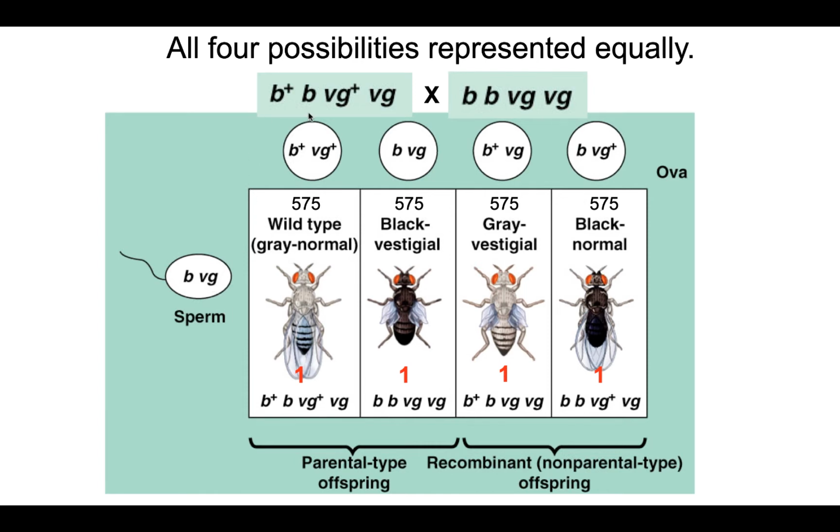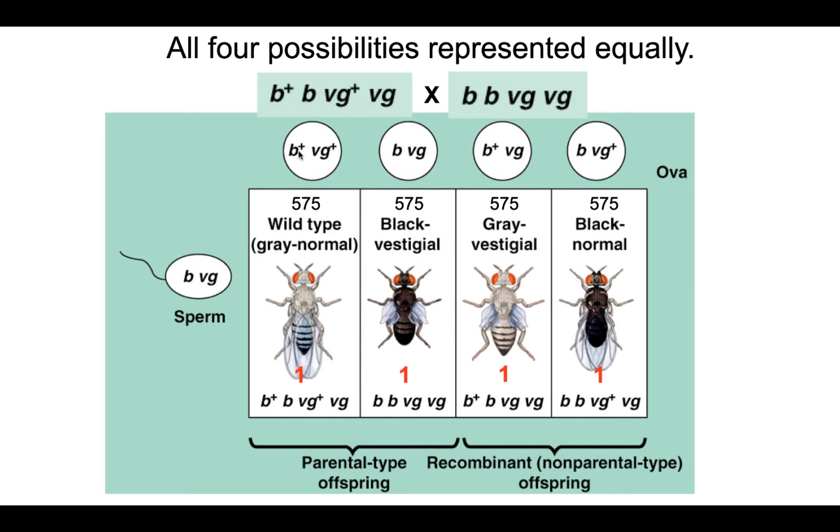And then, since we're assuming that these genes are not linked, then independent assortment occurs. So we apply both of the laws. The law of segregation, which states that each one of the eggs can only have one of the two alleles of each gene. And then independent assortment tells us that each allele is going to be in the same egg as both of the other alleles, so at equal opportunities.